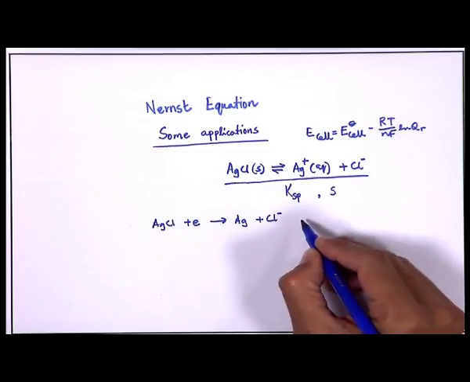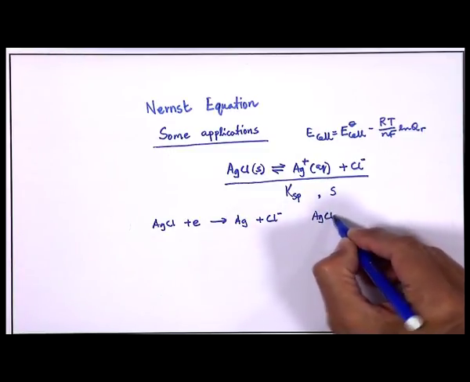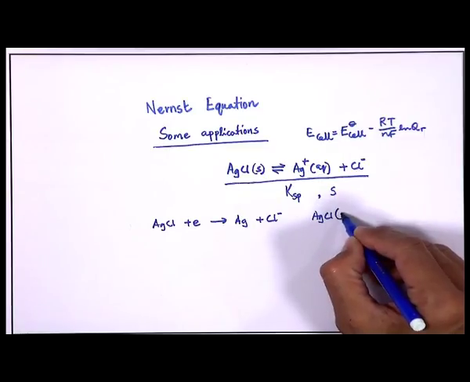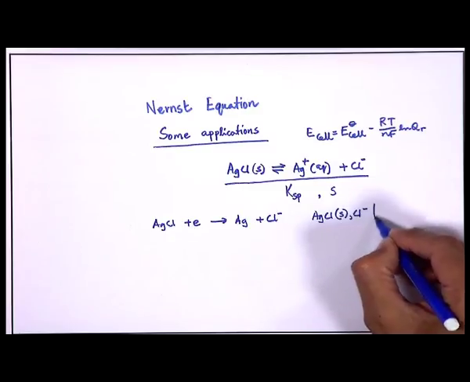and its corresponding electrode half cell representation is AgCl solid, Cl minus, Ag.